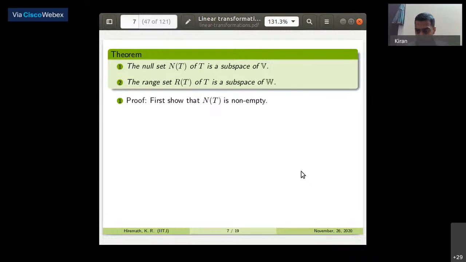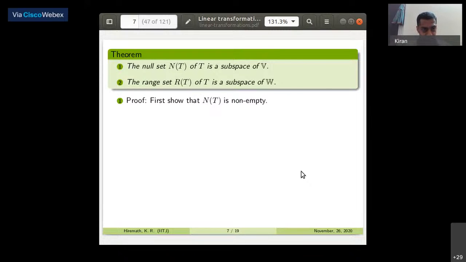T is a linear map, so T of 0 is 0. We know that at the heart of a linear transformation is that it maps the zero element to the zero element. I'm talking vaguely, but it means the zero element in the domain to the zero element in the range. So it is definitely non-empty, and it makes sense to talk about it.